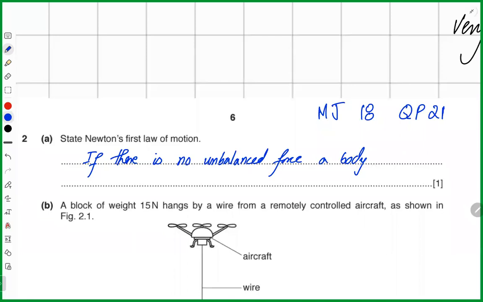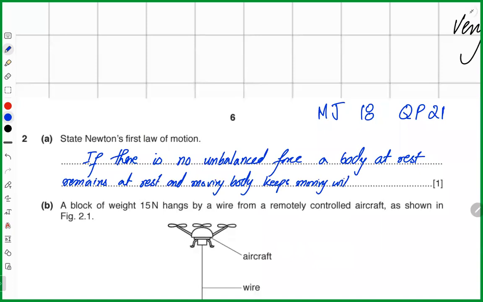If there is no unbalanced force, a body at rest remains at rest, and a moving object keeps moving with uniform speed in a straight line.